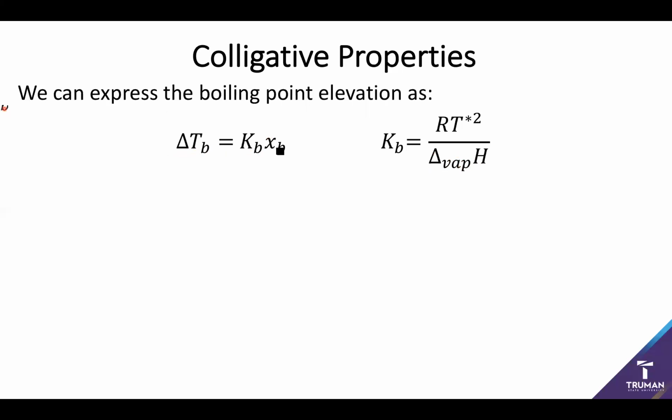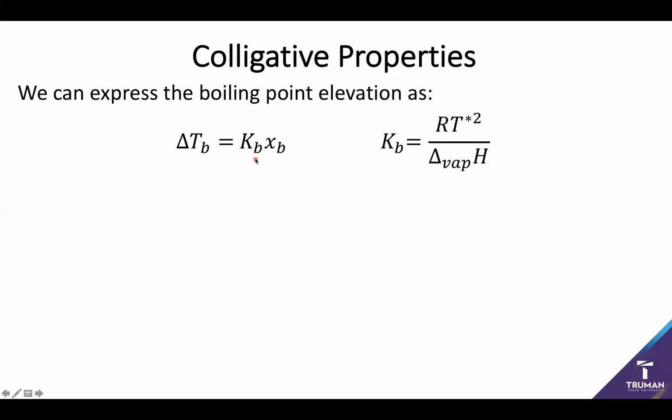And this can be a very useful way to determine the molecular weight of an unknown species. And again, I want to really emphasize that my boiling point constant only depends upon the ideal gas constant, the boiling point of my solvent, and the enthalpy of vaporization of, again, my solvent. All of these properties are just solvent dependent.